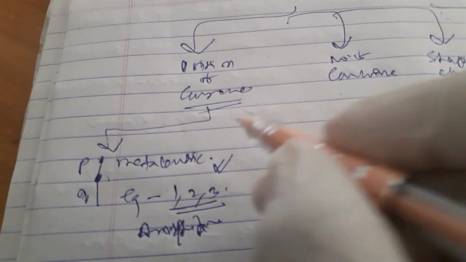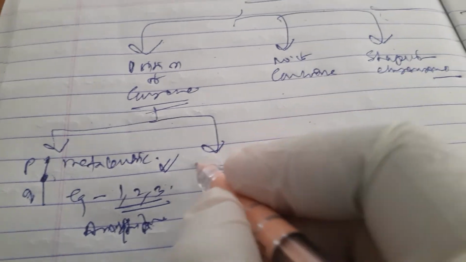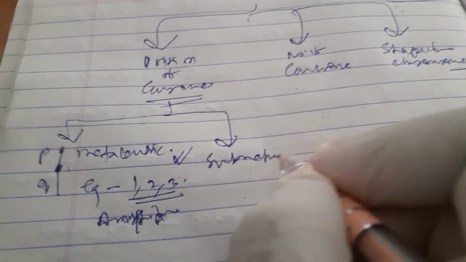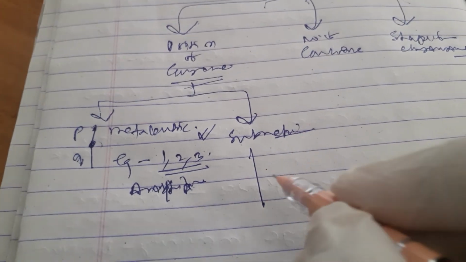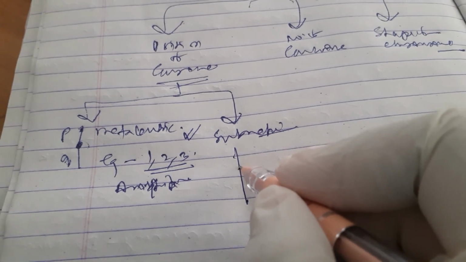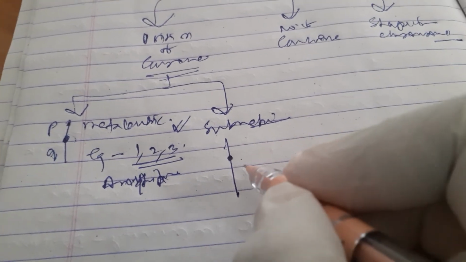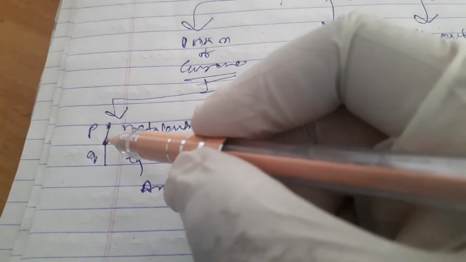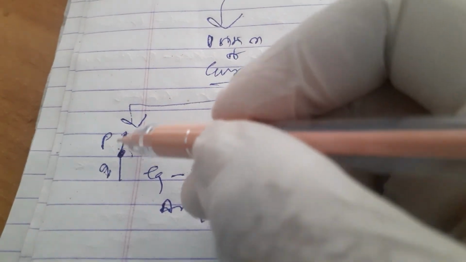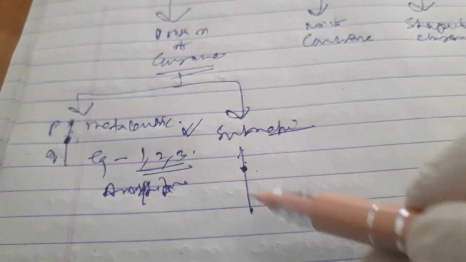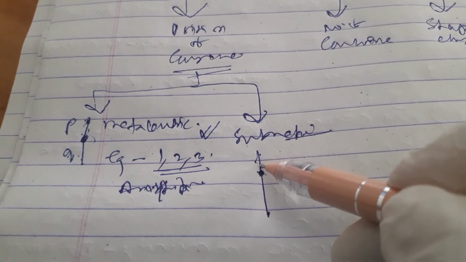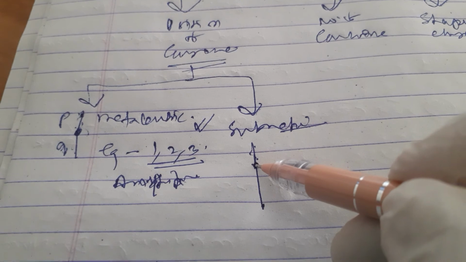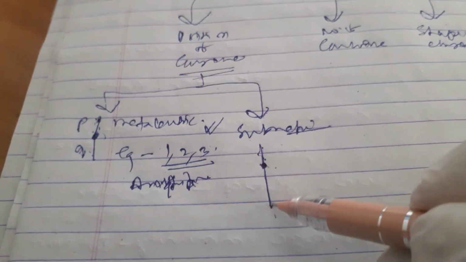Now the second one is the submetacentric, in which the position of centromere is more towards the P side. Here is the P and Q, but the centromere is towards the P side, so the P becomes somewhat shorter and the Q is lengthier.